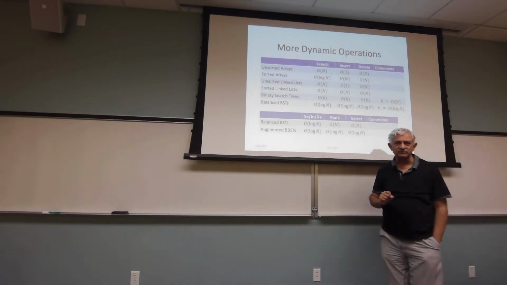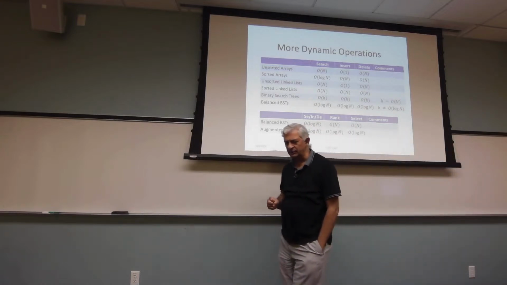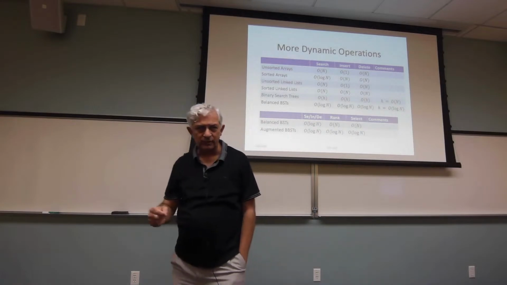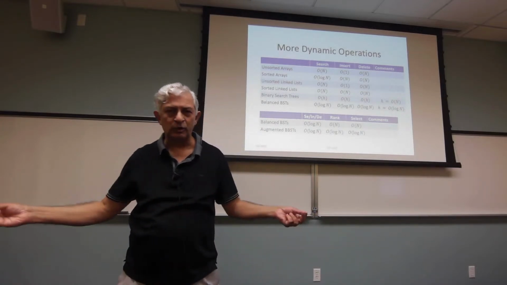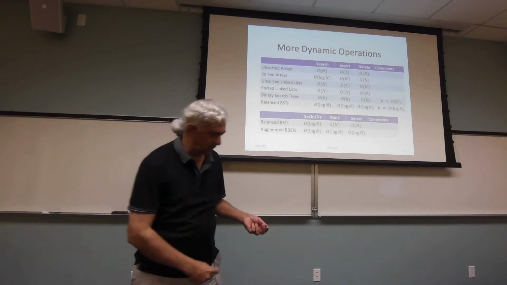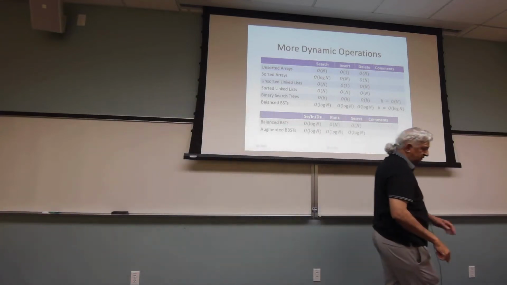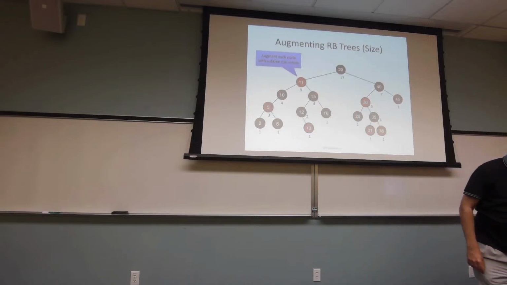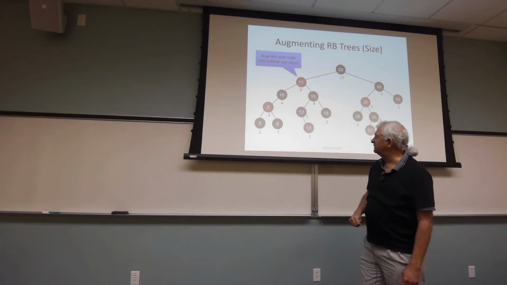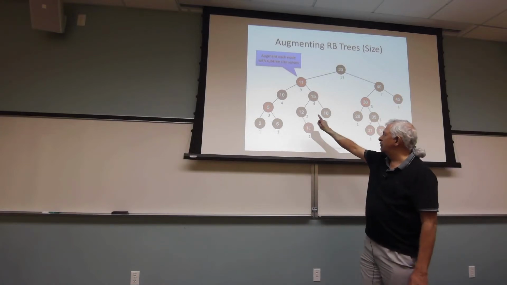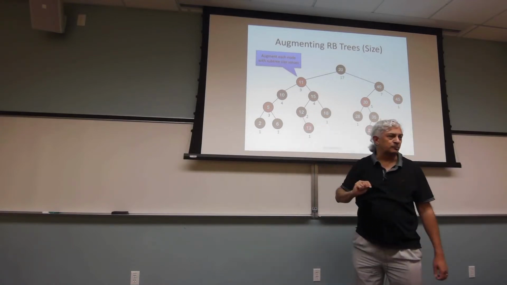Now, what is rank and select? A rank operation asks you for the rank of an item in a sorted list. So if I go back to this example here, the rank of item 12 is going to be 1 more than the number of items that are smaller than this.